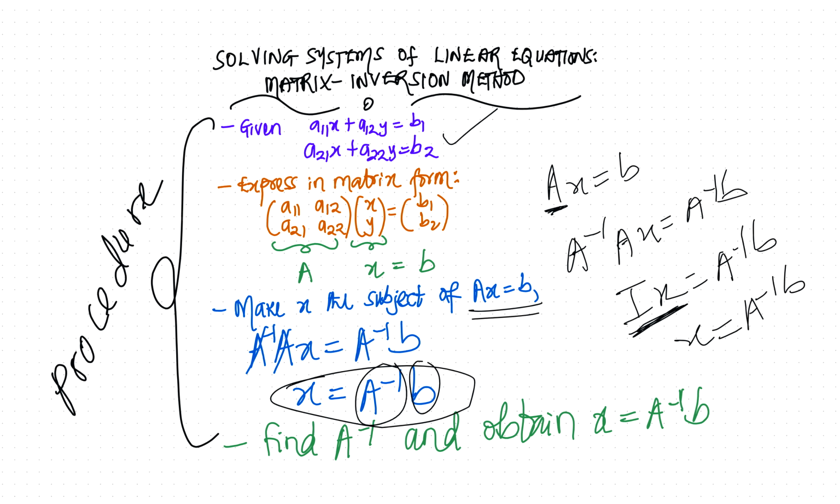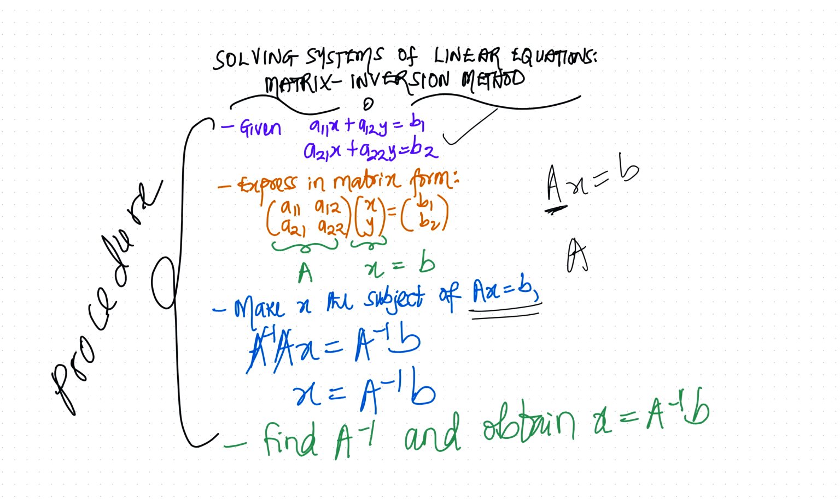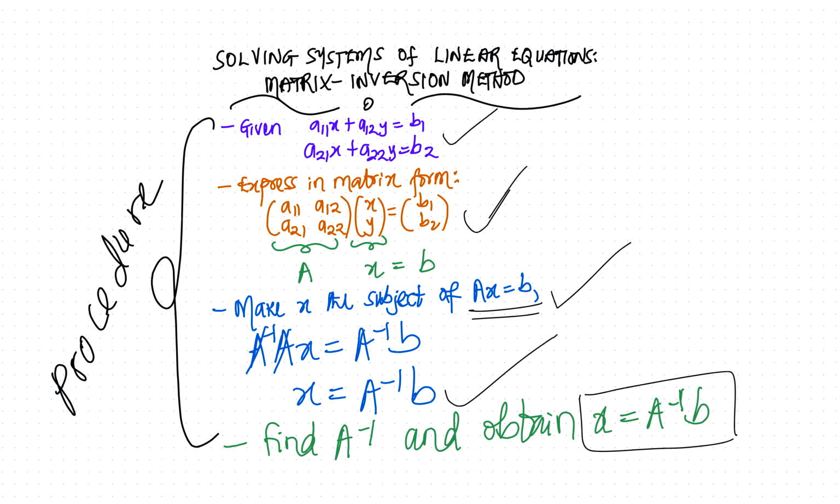So generally speaking, under the matrix inversion method, you have a system, you make it into a matrix, you express it algebraically this way, and then you can also express it this way. Fundamentally, we are looking for the solution, which is expressed as the inverse of the matrix of coefficients multiplied by the right-hand side. And that is what this is about.